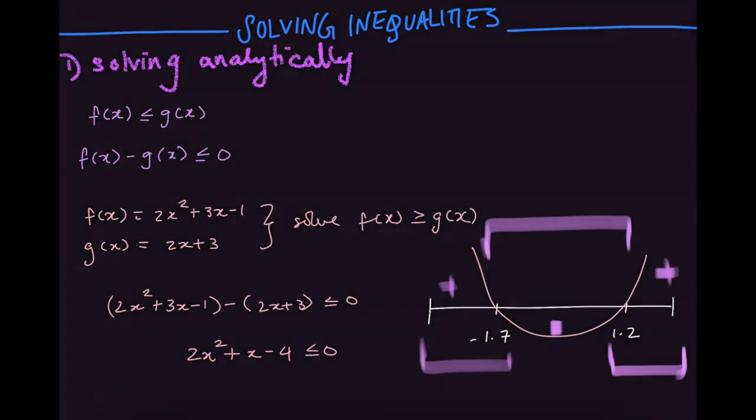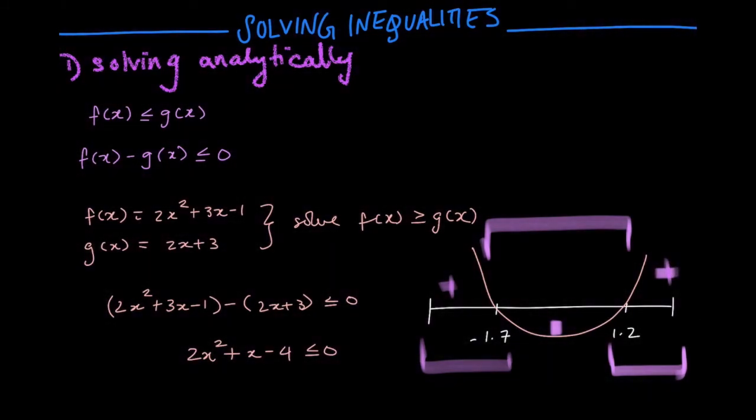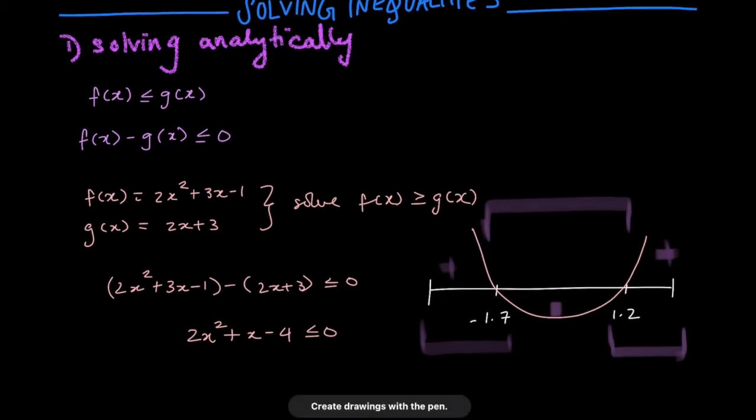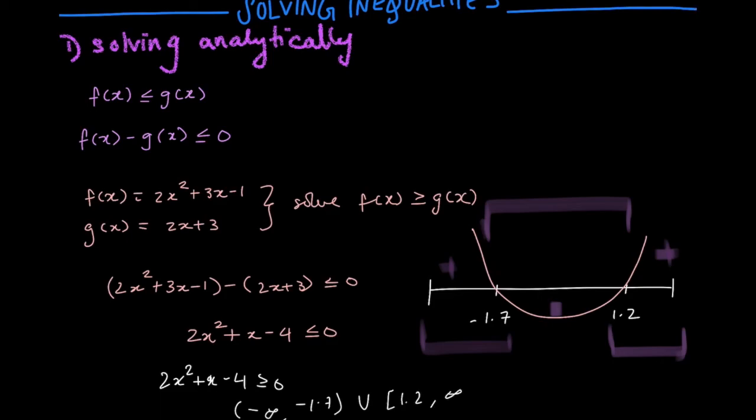So from the sign diagram, we can conclude that the solution for this would be 2x squared plus x minus 4 is greater than or equal to 0 when we are in the domain of negative infinity to negative 1.7 union 1.2 to infinity. This would be closed brackets, and this would be an open bracket because infinity cannot be defined.